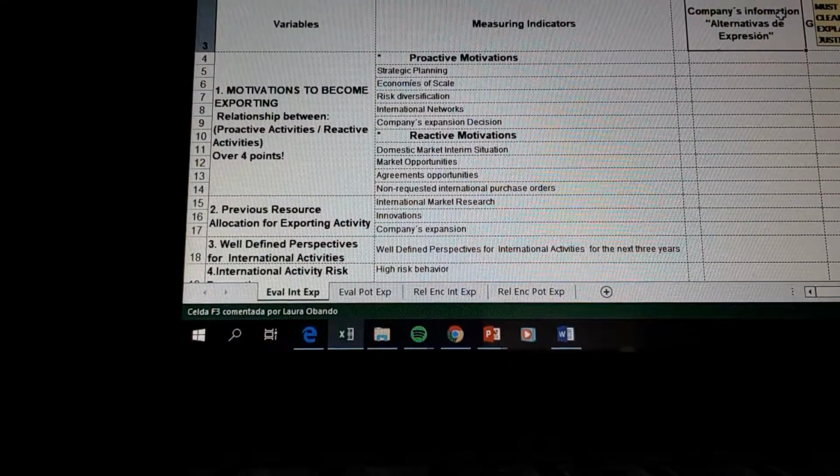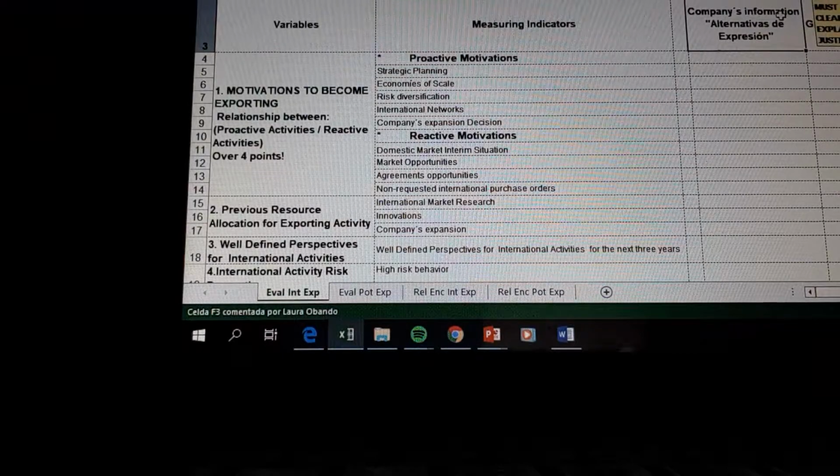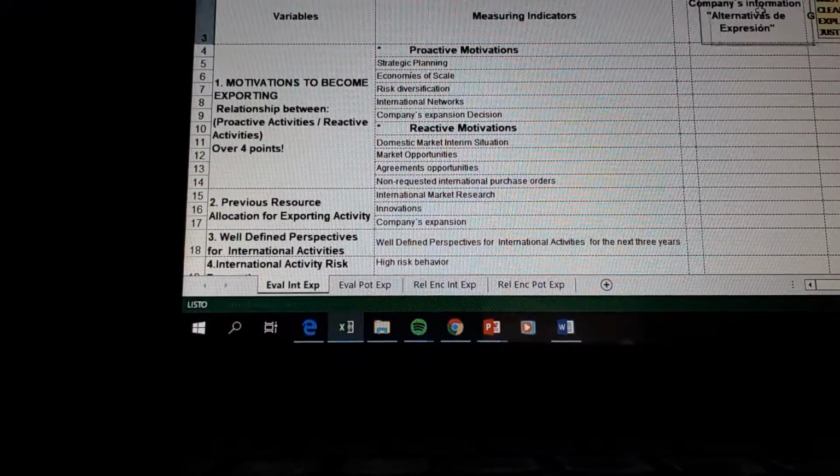Now the group must clearly explain and justify why. No, this is the grading. Now take a look here.